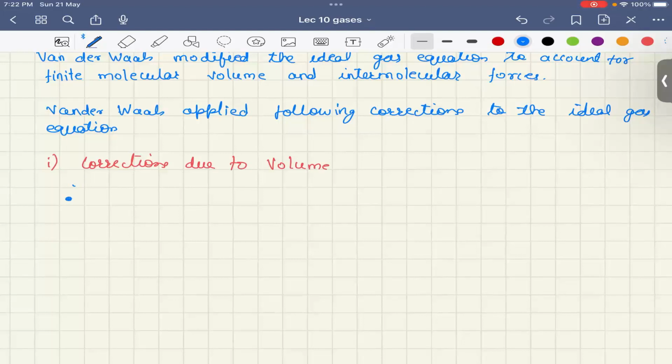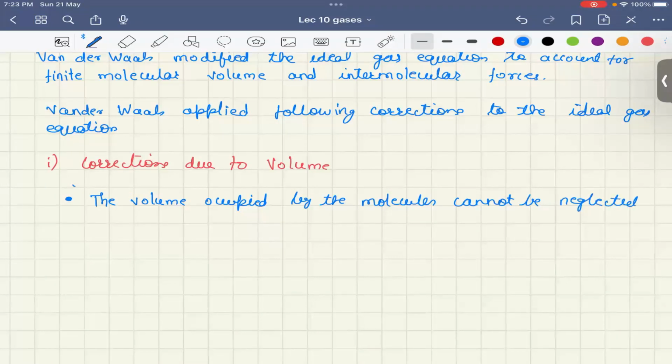So the key point is that the volume occupied by the molecules cannot be neglected in comparison to the total volume.